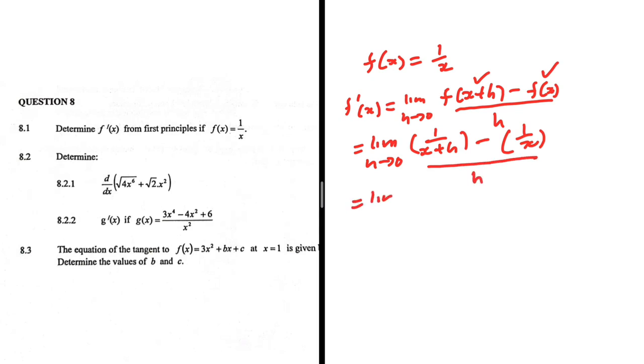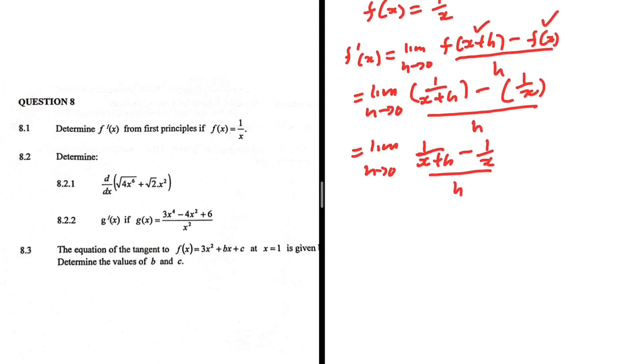So the limit as h tends to 0 is going to be 1 over x plus h minus 1 over x, everything divided by h, right? So let's go ahead and simplify the numerator. We're going to have the limit as h tends to 0 of, so we want to give those two terms in the numerator the same denominator.